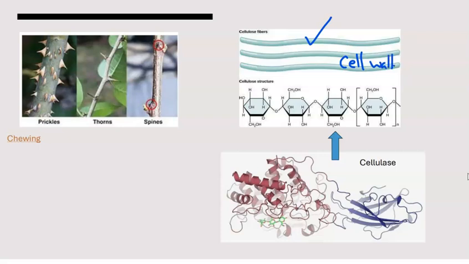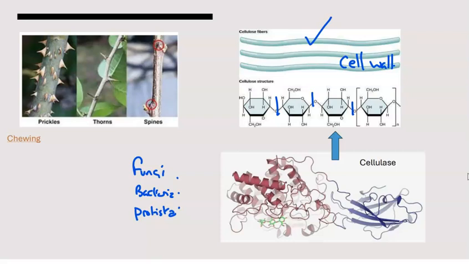It's necessary to hydrolyze these bonds here to digest the cellulose down to sugars, but this is only a feature of some fungi, some bacteria, and some protista, and these organisms therefore have to be working symbiotically within the digestive system of herbivores.